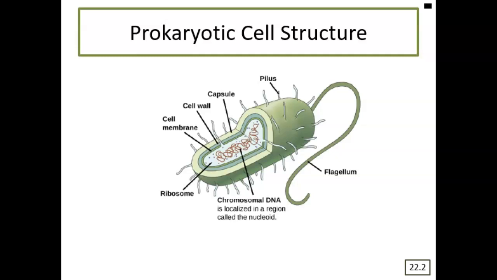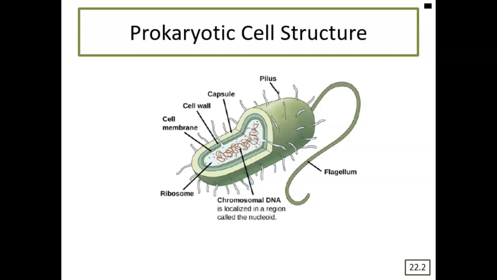Single circular DNA molecule. There's a membrane around the cell. Most prokaryotes have a cell wall. Sometimes there's this sticky structure known as a capsule. There might be projections known as pili. Ribosomes. What do ribosomes do? That's right. Ribosomes make protein.